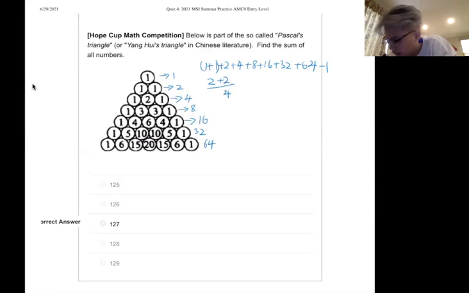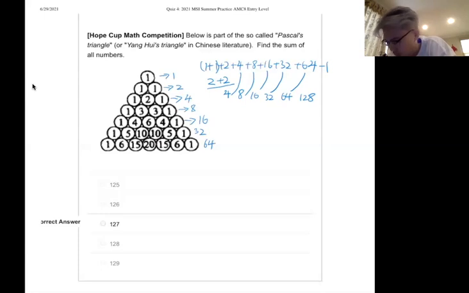And 4 plus 4 will give us 8. 8 plus 8 will give us 16. 16 plus 16 will give 32. 32 plus 32, 64. 64 plus 64, that's 128.